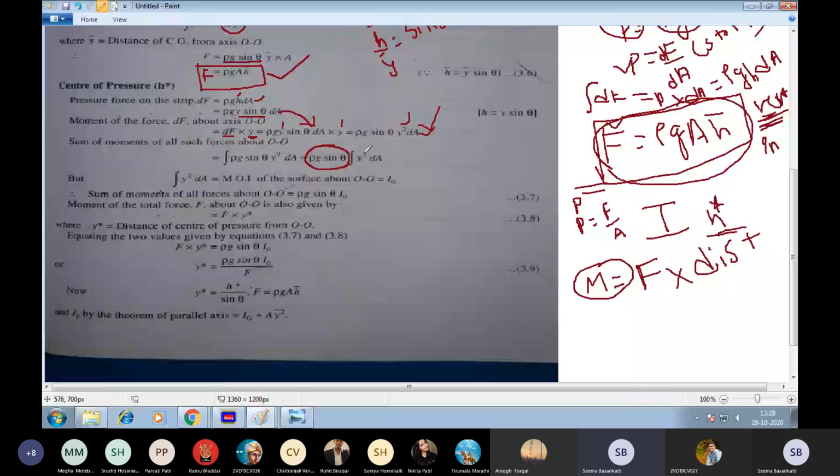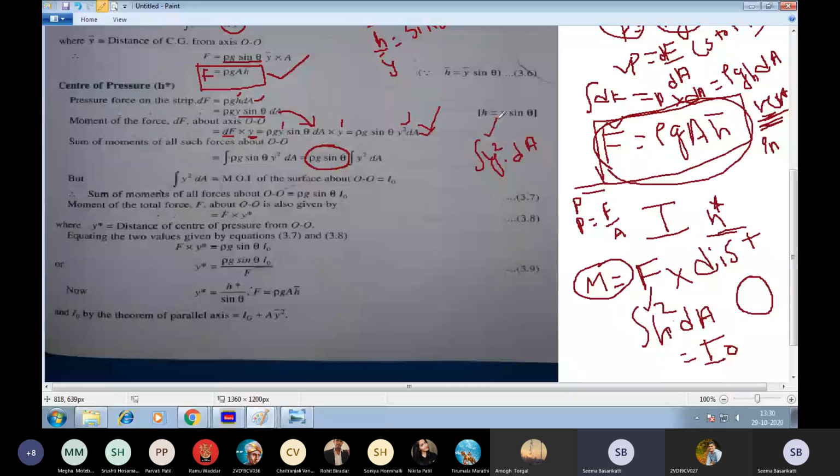While deriving the equation for the vertical surface, there was a term that is the integration of h square dA, which is taken as I naught, the moment of inertia. In this condition also, the integration of y square dA, where h was a height, here y is also a height.